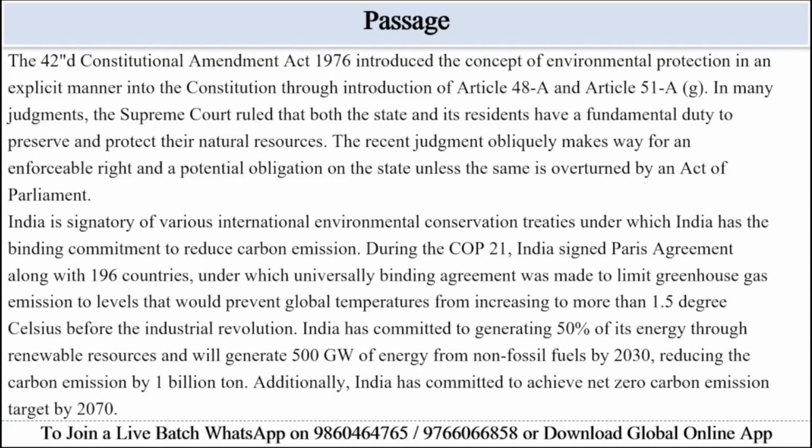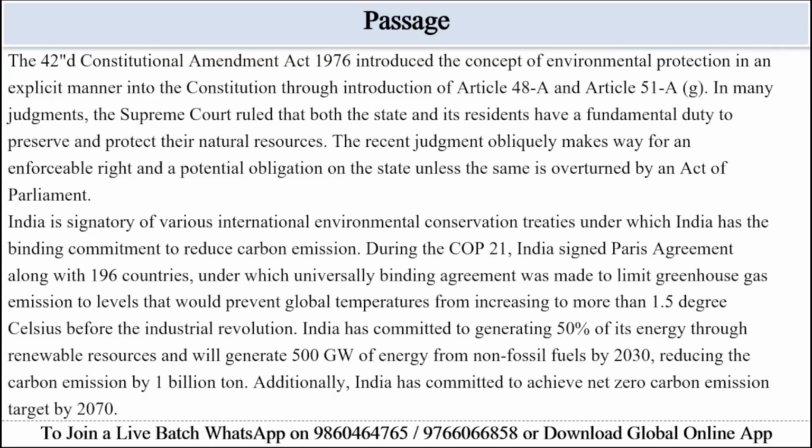India is a signatory of various international environmental conservation treaties under which India has the binding commitment to reduce carbon emission. During the COP21, India signed the Paris Agreement along with 196 countries, under which a universally binding agreement was made to limit greenhouse gas emission to a level that would prevent the global temperature from increasing to more than 1.5 degrees Celsius above the level before the Industrial Revolution.